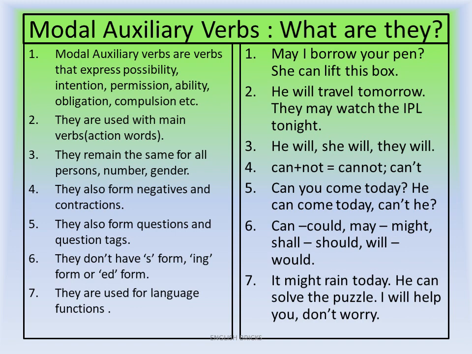So when I say "it might rain today", "he can solve the puzzle", "I will help you, don't worry", I'm talking about various situations or conditions for which language is used. So these are language functions. I hope you have got some idea of what modal auxiliary verbs are. More of this will come up very soon at a later time.